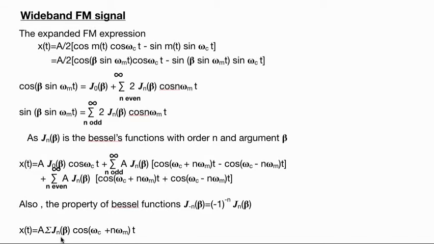Now let's look at the properties. The property of the Bessel function is J of minus n beta is minus 1 to the power n J n beta. Like it gets reversed from J of minus n beta to J n beta. X of t is J n beta cos omega c plus n omega m.